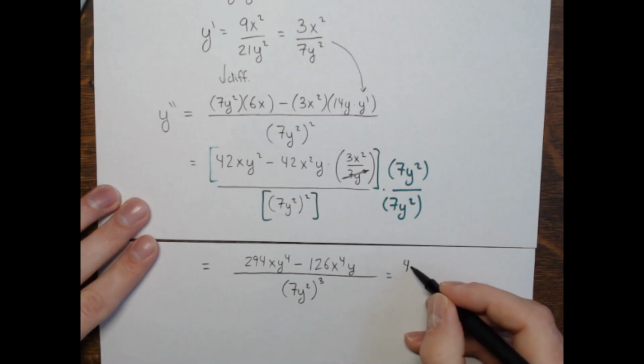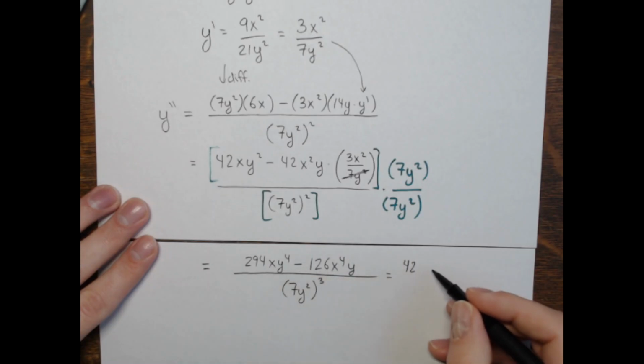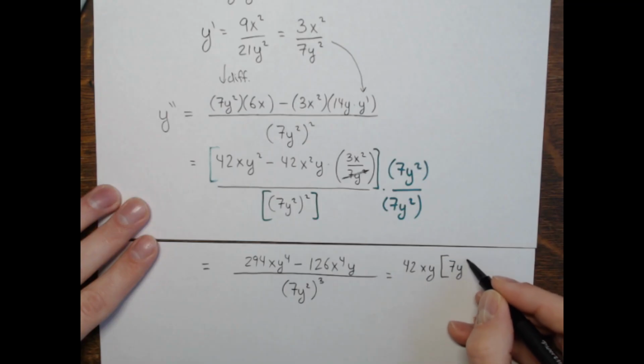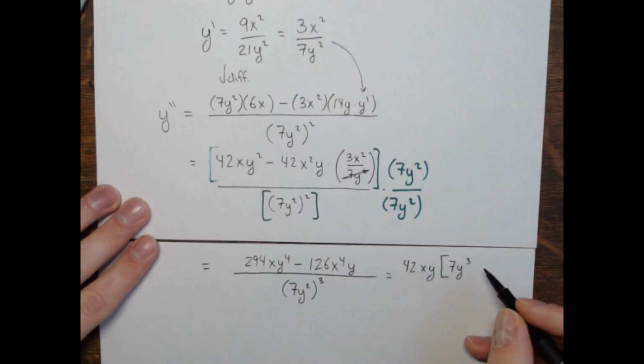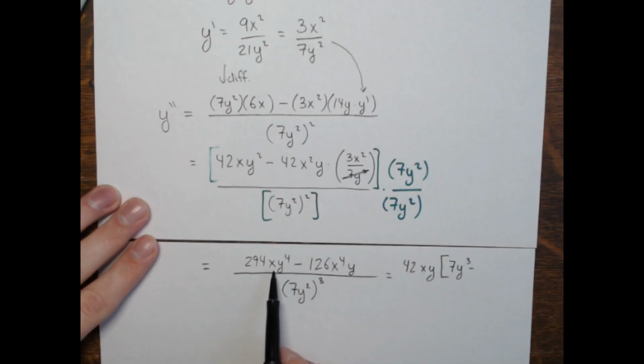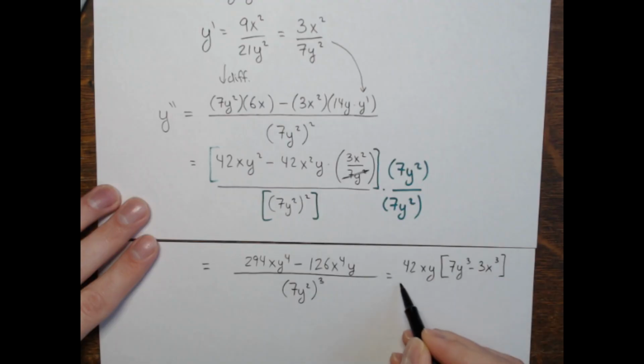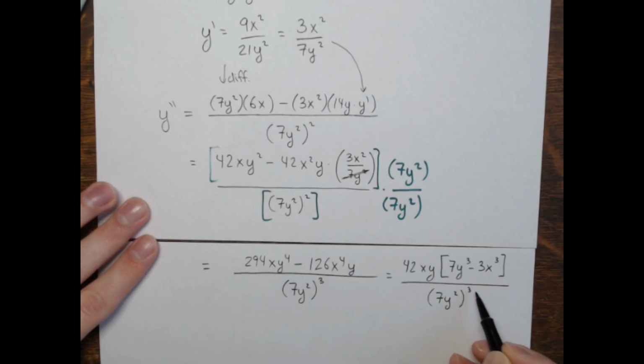All right, so if I pull 42, they both have 42xy in fact. And if I remove that, you'd have 7y cubed minus 7y cubed there. Then minus, if I pull 42 out of this, it'd be 3x cubed. All that divided by, and again, this 7y squared cubed.